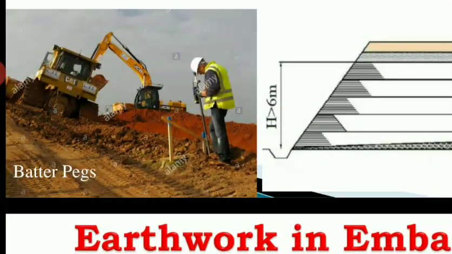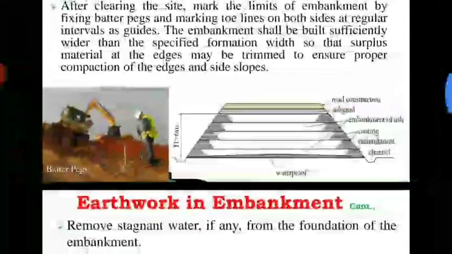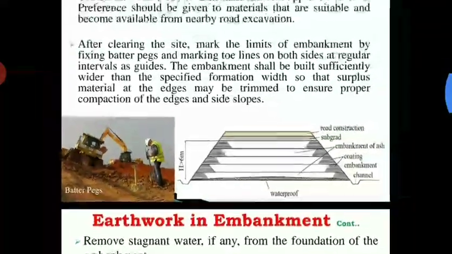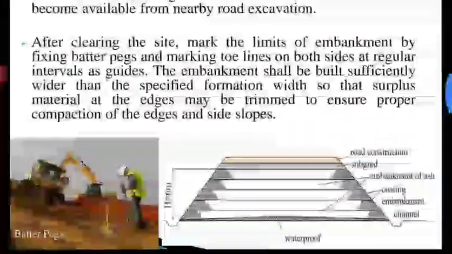It is not only going to be provided at one place. Depending upon the elevation of the road, and with respect to the ground level profile, the embankment length as well as the slope will also vary, right? Because of that we need to provide these batter pegs at regular intervals.